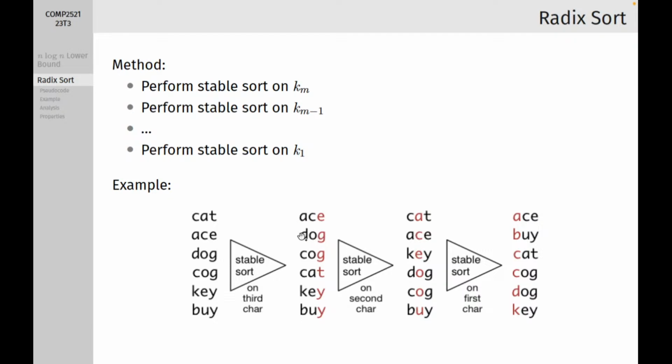Here we have to perform a stable sort on the 3rd character, but how do I do that? If I use merge sort, then that's going to be n log n. And if I use bubble sort, then it might be as bad as n squared. So how do we actually do the stable sort while still being better than n log n?